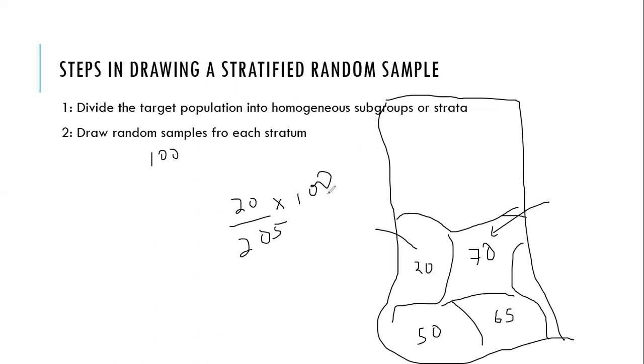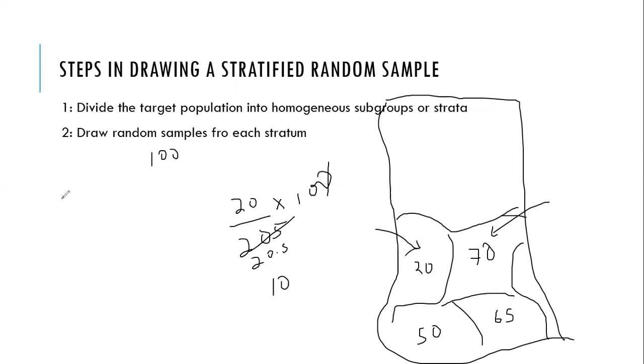That will be 20.5 here. So approximately we are selecting 10 schools from here.